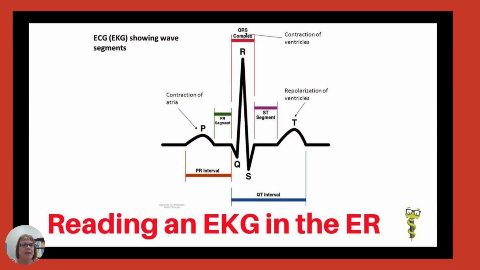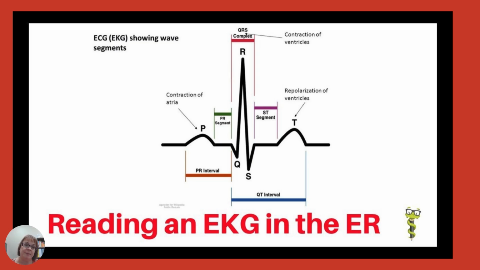All right, when we're looking at a heart rhythm or an EKG, you need to know a few basic points. The first one is our P wave. This is when the atria are contracting. So the atria contract, then they're going to relax. That's your PR interval. And then the QRS, this is when your ventricles are going to pump.